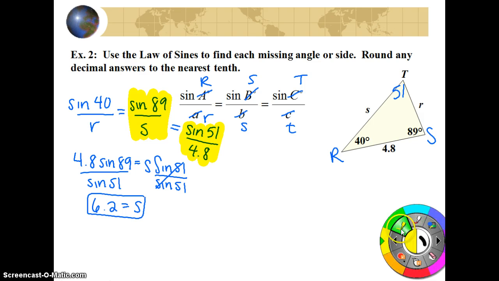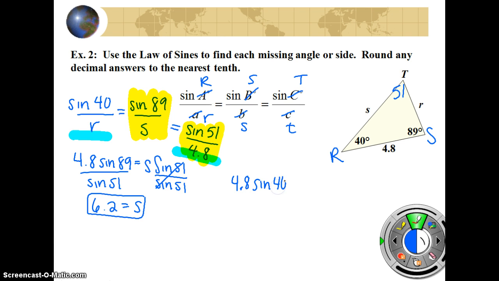Now all we have left is to find R. So I'm now going to set this ratio and this ratio equal. Whenever you cross multiply, you will get 4.8 times the sine of 40 is equal to R times the sine of 51. So all I did was cross multiply from here and here.